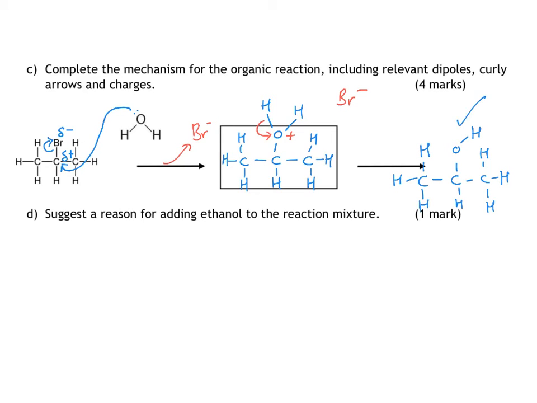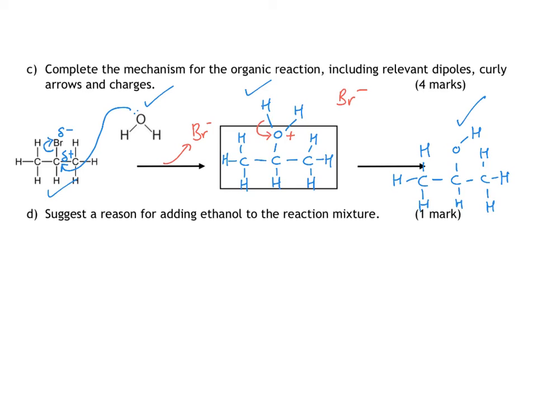So that would be one mark. We would have one mark for my arrows, one mark for my dipole in the first step, so 2 marks for the first step, and then the third mark is for having both the charge and the curly arrow in the intermediate part. So that's how we get our 4 marks.